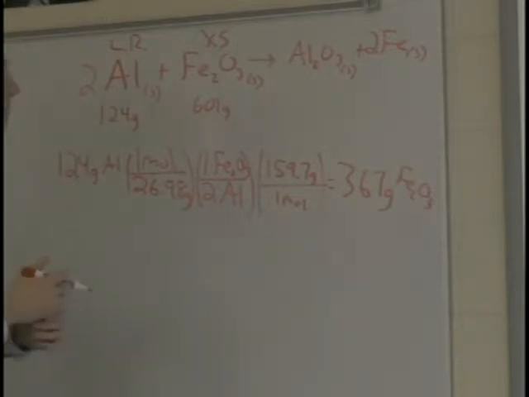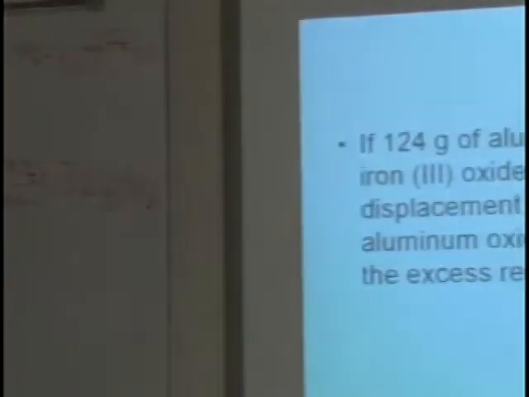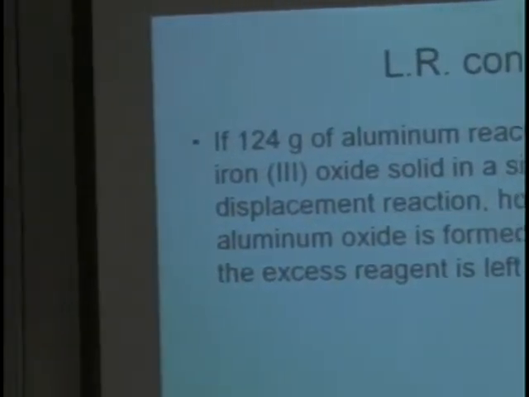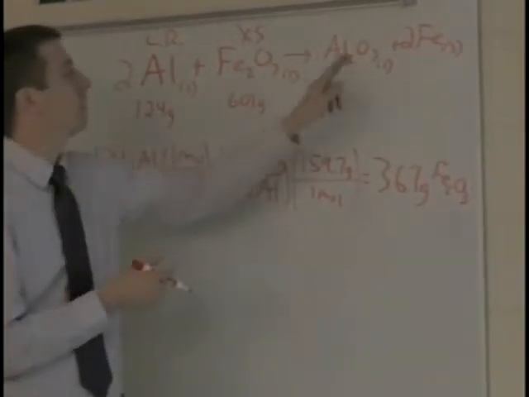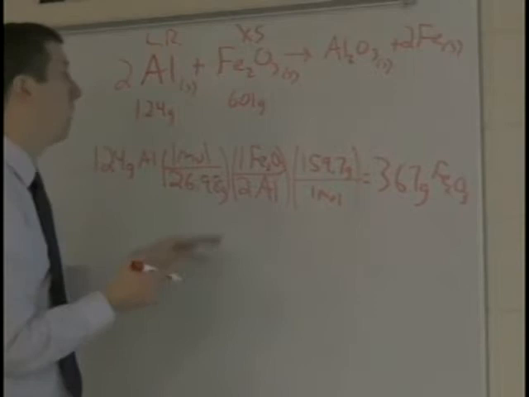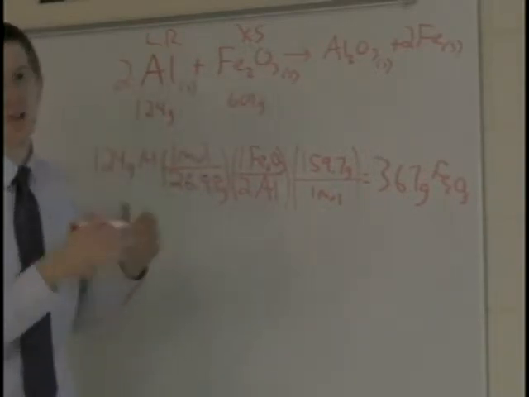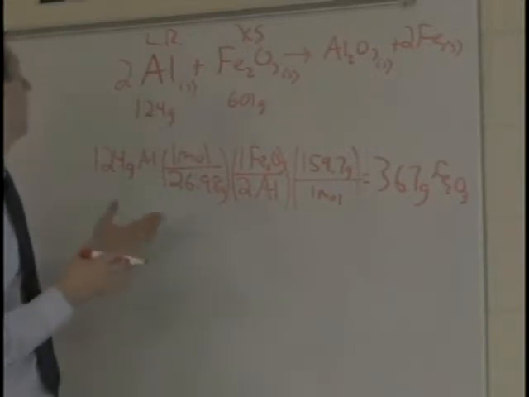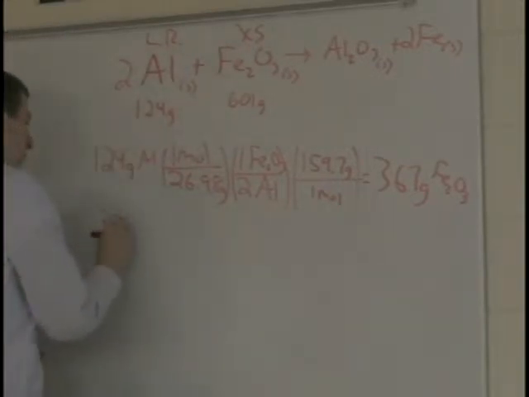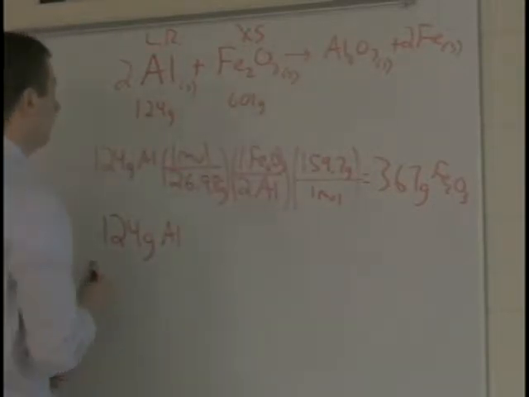That's your first step. So the question said, how much aluminum oxide is formed? Once I've determined that this is my limiting reagent, now I know this is how much grams can determine the aluminum oxide. By the way, if I wanted to start with 601 grams of iron 3 oxide and convert that to aluminum, it still would have worked out. But now that I know my limiting reagent is the aluminum, I'm going to start with 124 grams of aluminum. I'm going to convert it to the aluminum oxide.